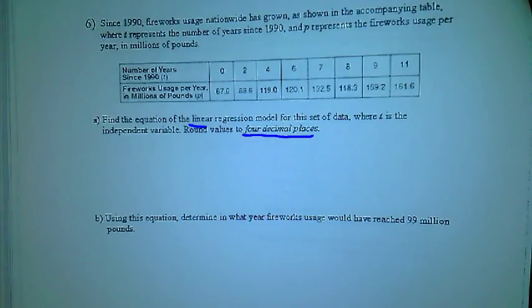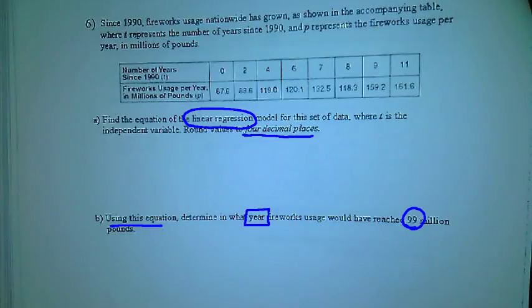Okay, so you're doing a linear regression. And this one is kind of backtracking, so you don't actually need R, but I want to make sure that you can expand on this. So you're going to do the linear regression, and then you're going to use the equation to determine in what year the fireworks will have reached 99 million.